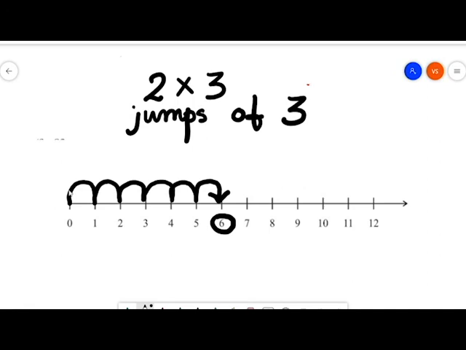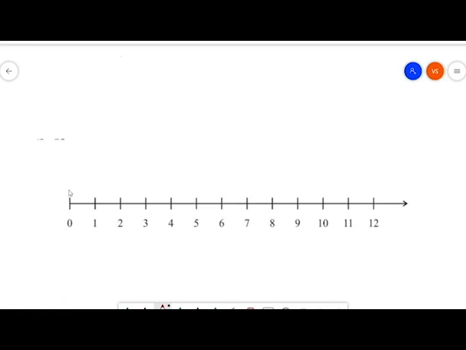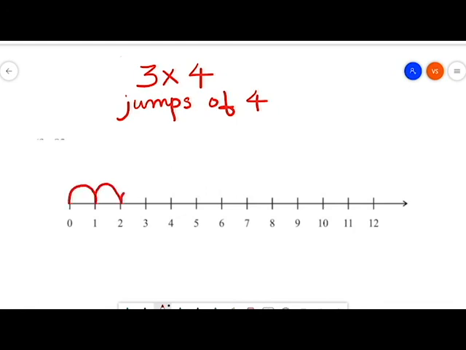So this is how we apply multiplication or finding product using number line. Let's see one more example. 3 into 4. So we have to make 3 jumps of 4. Let's take the first jump of 4: 1, 2, 3 and 4.